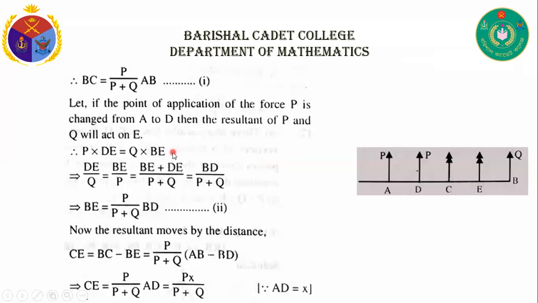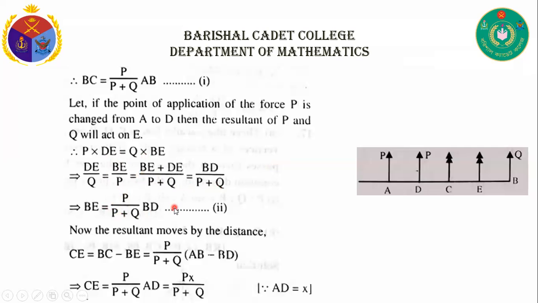Now again we write DE/Q = BE/P. So again taking componendo, (BE + DE)/(P+Q) = BD/(P+Q). So we can write it this way, or here we write it as the ratio formula. So BE = P/(P+Q) × BD.